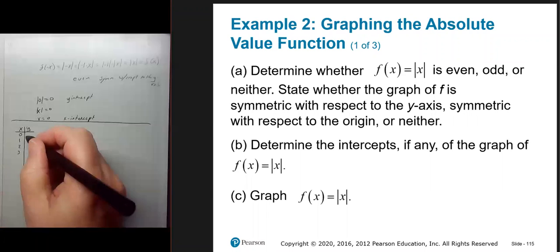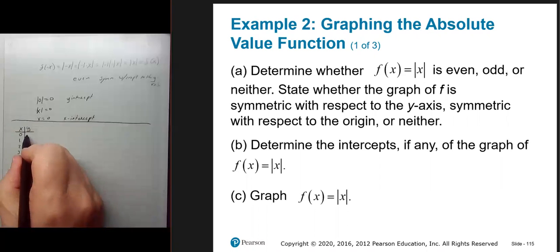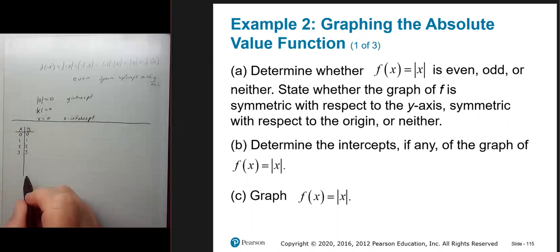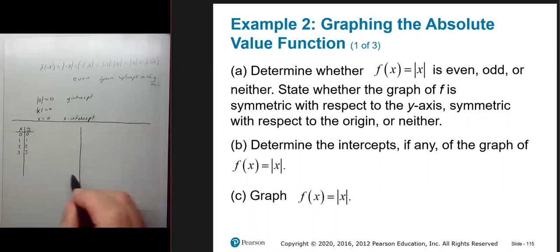And whatever I get for the y values are going to be the same for the -1, -2, -3. So I just change my signs on my x's, and that gets the appropriate mirror image. So the absolute value is 0, 0, absolute value of 1 is 1, absolute value of 2 is 2, absolute value of 3 is 3. So I'm just going to graph those 4 points.